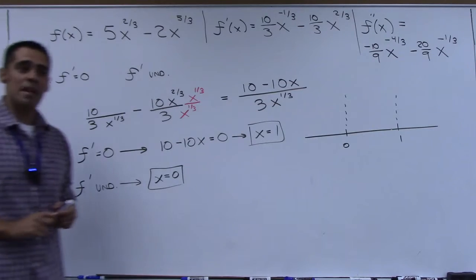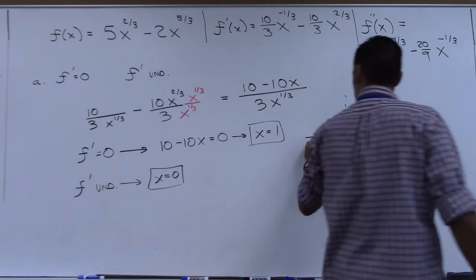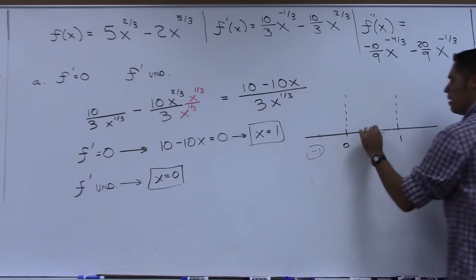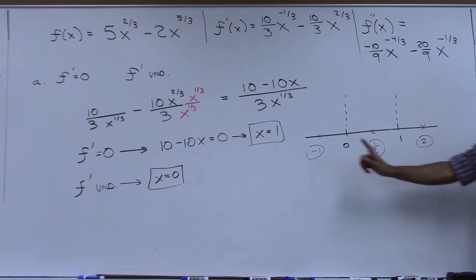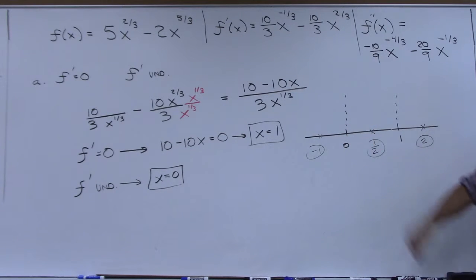So this is where we need our test points. We can use -1, 1/2, and 2. Where are these going to go? Yeah, into the first derivative. That's right.